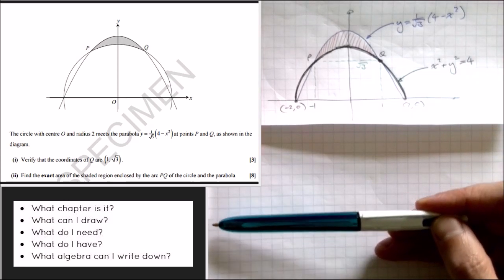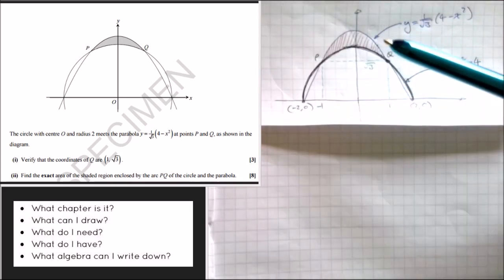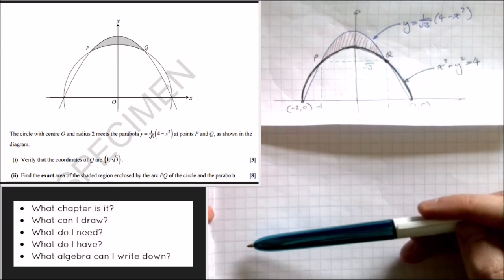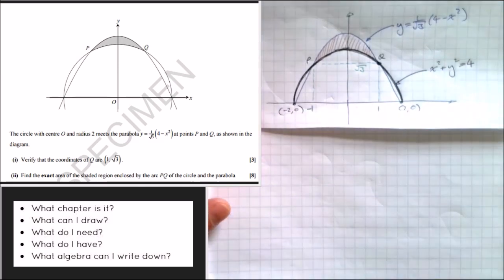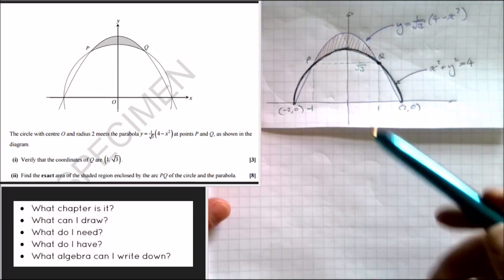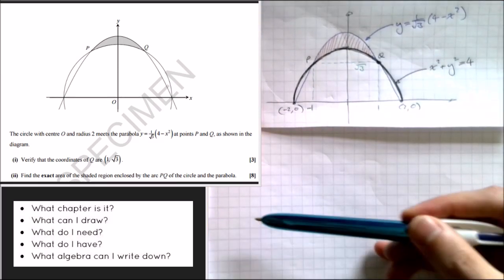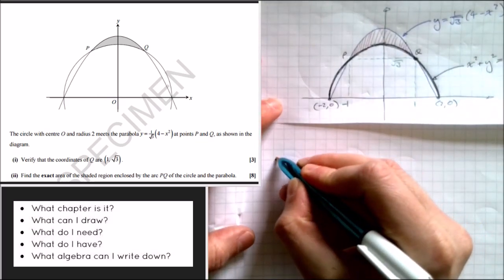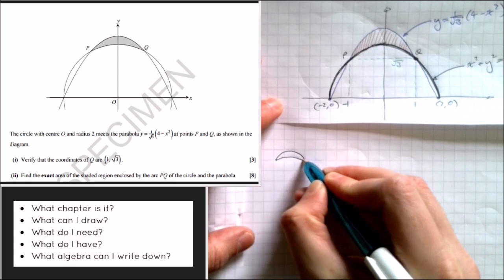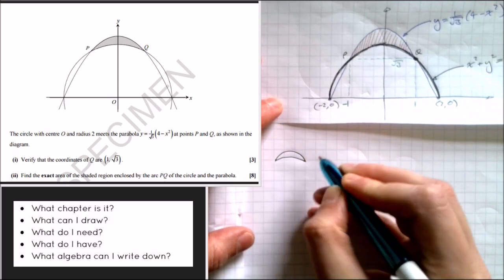What chapter is it? Well, it's area under a parabola, so I think it's going to use some integration this time. What can I draw? Now I've got this diagram here, but I think we can draw some other things to help us find what we need. We need that top little crescent bit there.